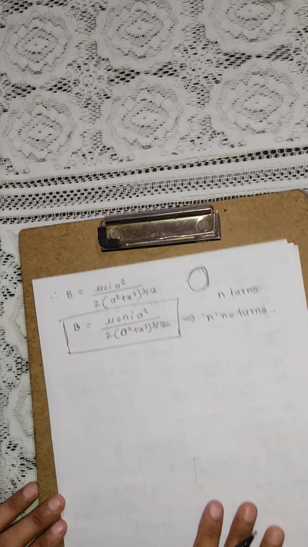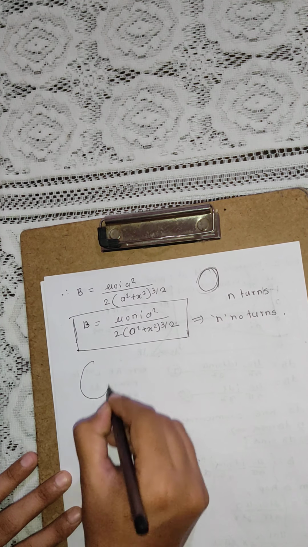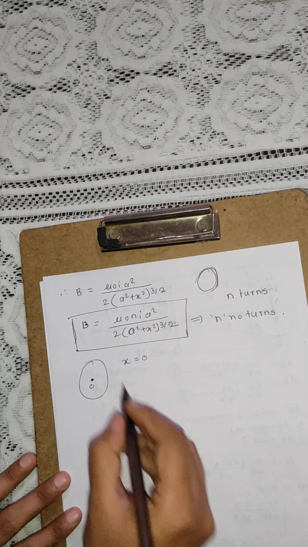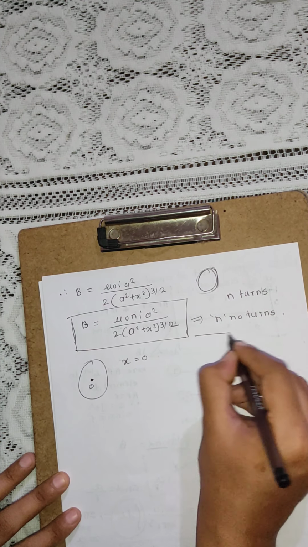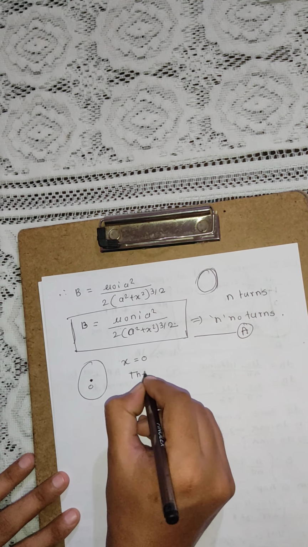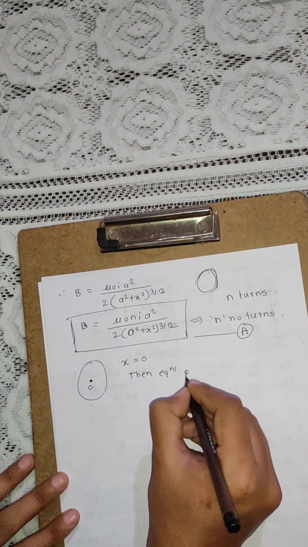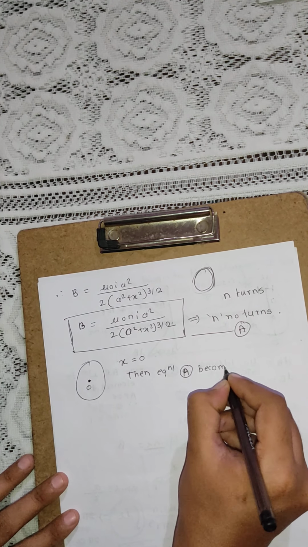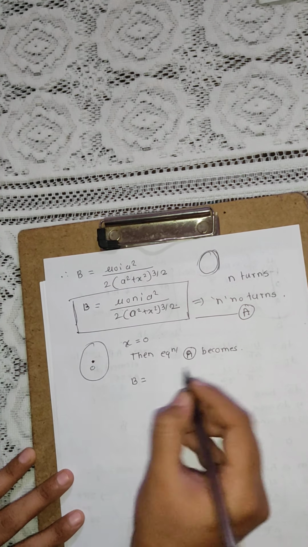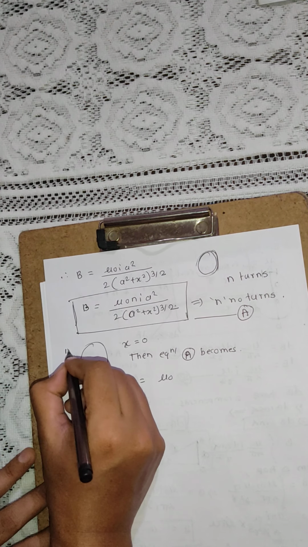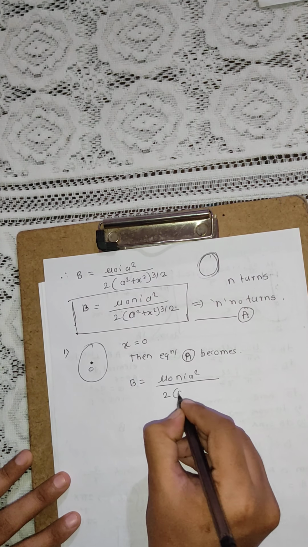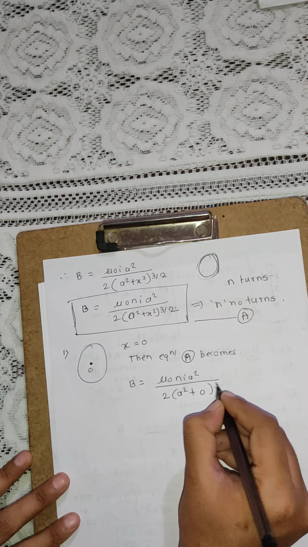Magnetic field at the center means x is equal to 0. If this equation is A, then equation A becomes, just substitute x is equal to 0. B is equal to mu naught n I a square divided by 2 times a square plus 0 to the power 3 by 2.